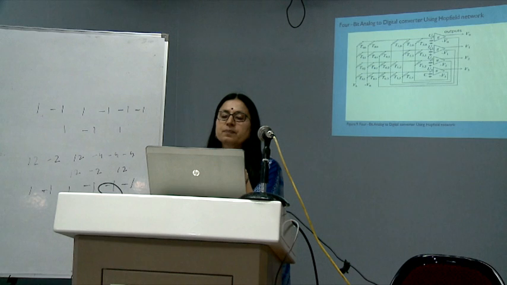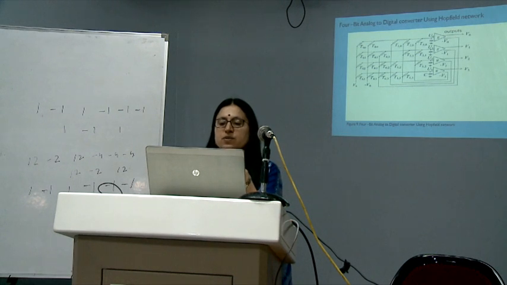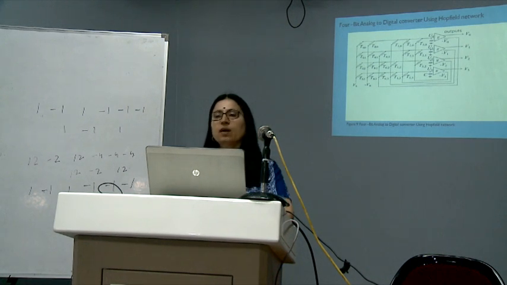Similarly, the output of the second op-amp, which is minus V1, is fed back to the first, third and fourth op-amp, but not to the second. The output of the third op-amp, minus V2, is fed back to the first, second and fourth op-amp. And the output of the fourth op-amp, minus V3, is fed back to the first, second and third op-amp, and not to the fourth.